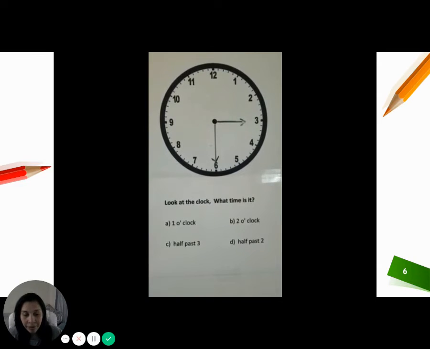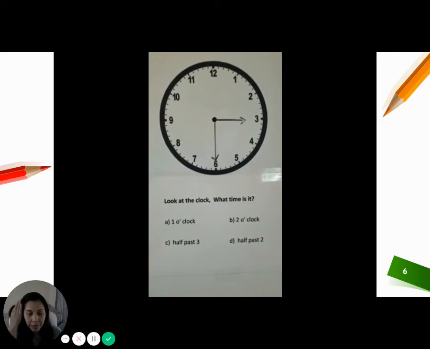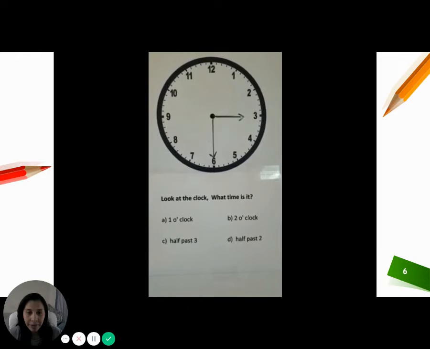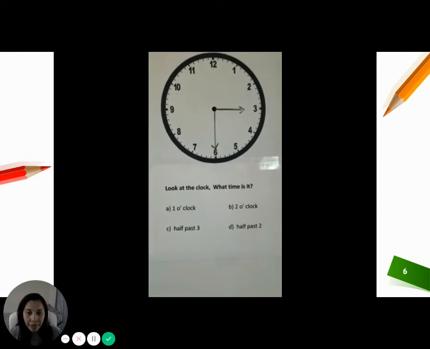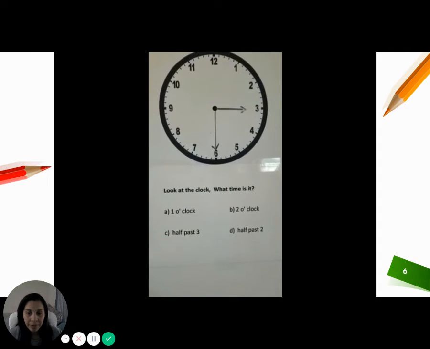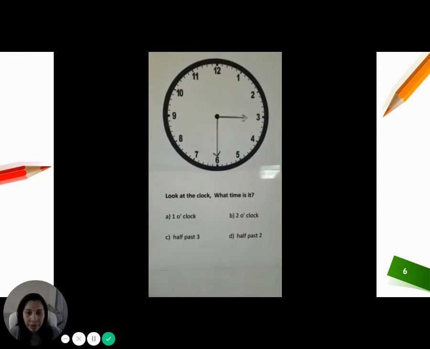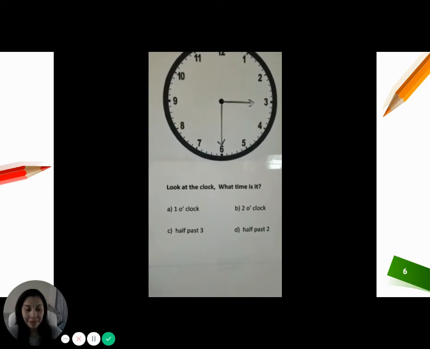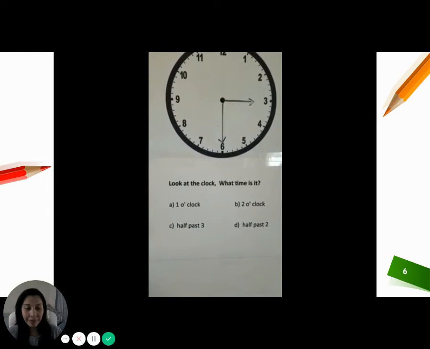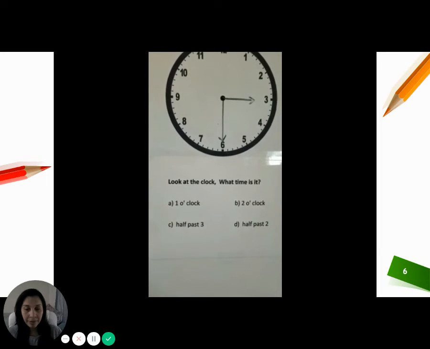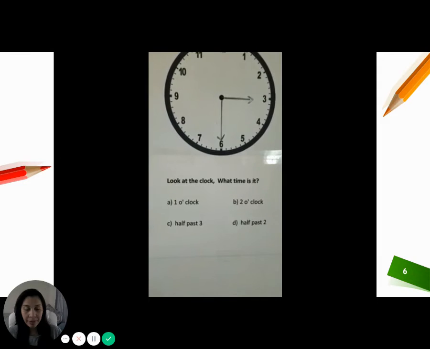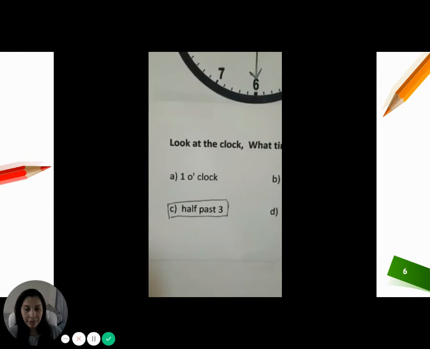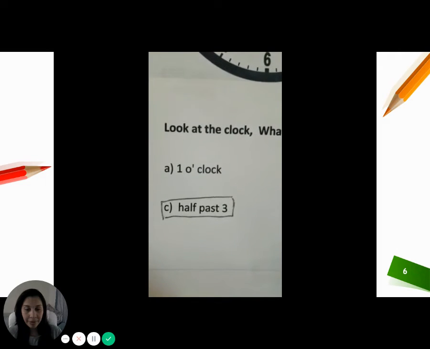Remember that the numbers go by 5. 1 is equal to 5 minutes, 2 is equal to 10 minutes, 3 is equal to 15 minutes, 4 is equal to 20 minutes, 5 is equal to 25 minutes, and 6 is equal to 30 minutes. So, what time is it? Yes, it's 3:30.